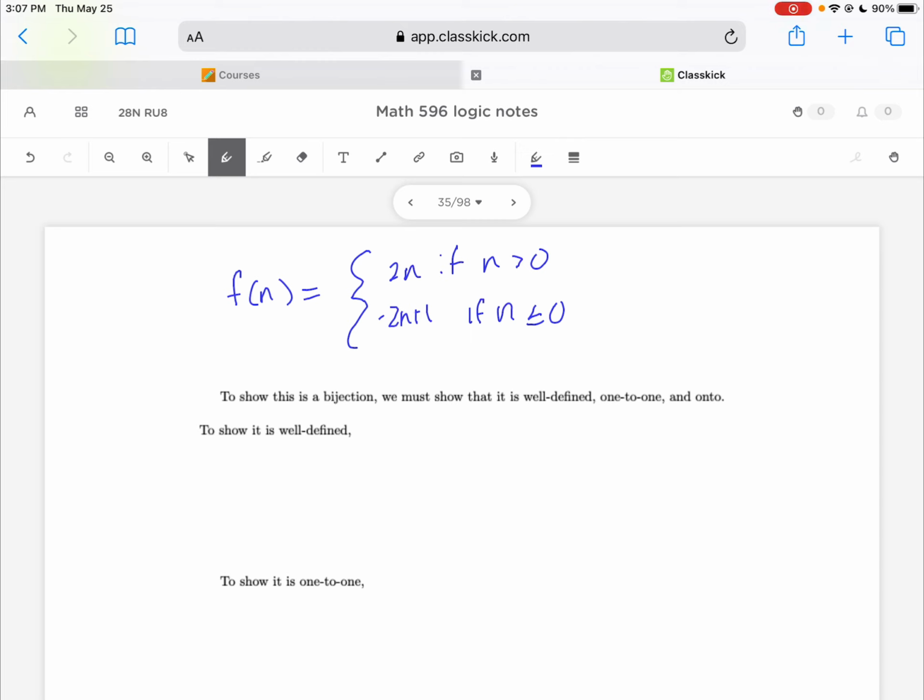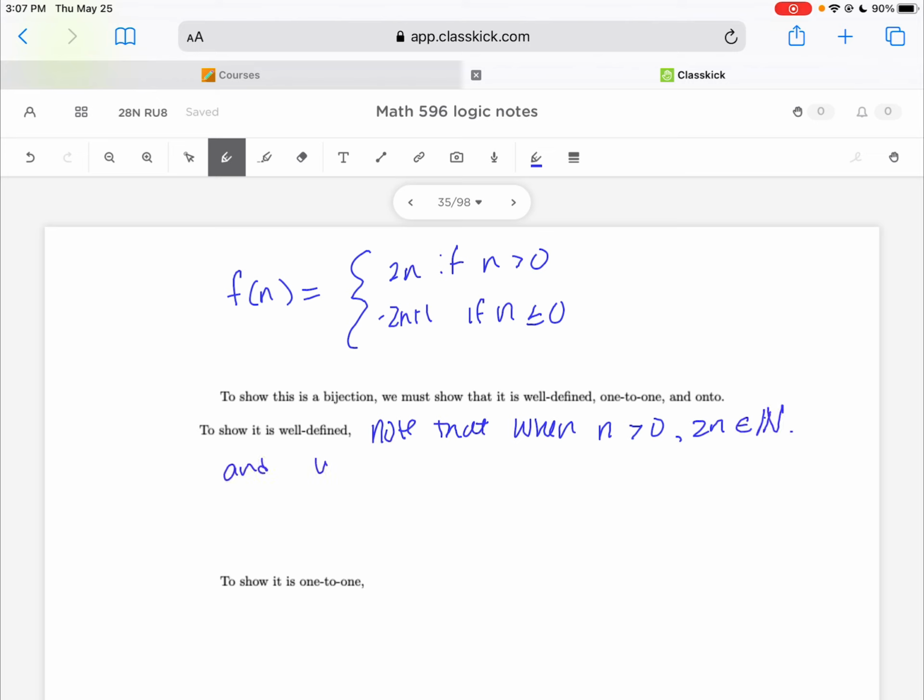So to show that it's well defined, we want to make sure that for every integer input, you get a natural number output. Any integer has just one output, because your input is either positive or not, so you're following either the top rule or the bottom rule. There's only one output there. And the output is going to be a natural number because when n is a positive whole number, 2n is a natural number.